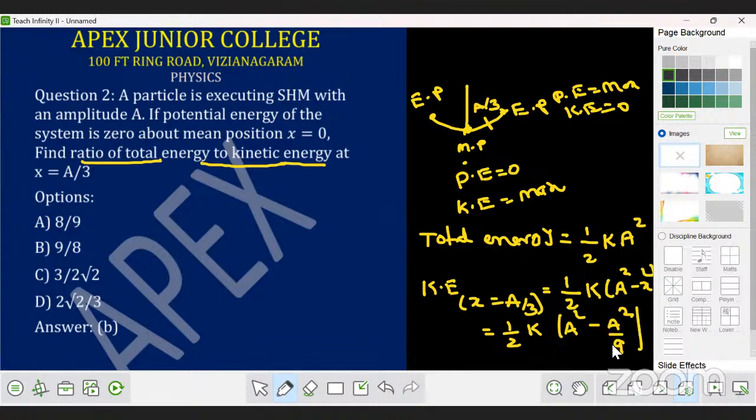By taking LCM, this will be 9a square minus a square, 8a square by 9. Half k into 8a square by 9. But here you have to calculate the ratio of these two. Half k and half k will get cancelled, a square and a square will get cancelled. Then it will be 1 by 8 by 9, which is nothing but 9 by 8. That ratio will be 9 by 8.